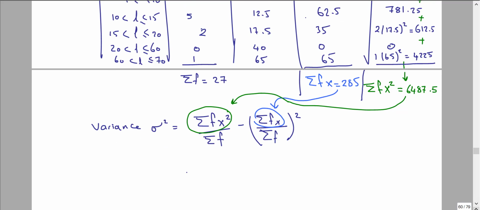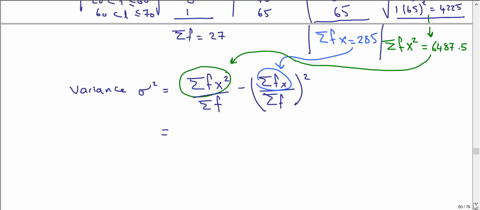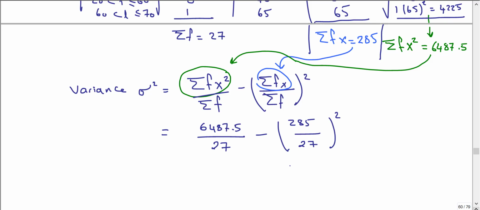Now you substitute in the rule, in the variance. Do it this way. We have sigma fx squared, which is 6,487.5, divided by sigma f, which is 27, minus, open a bracket with a square. Inside the bracket, you have sigma fx, which is 285, divided by sigma f, which is 27. The variance is 128.85.